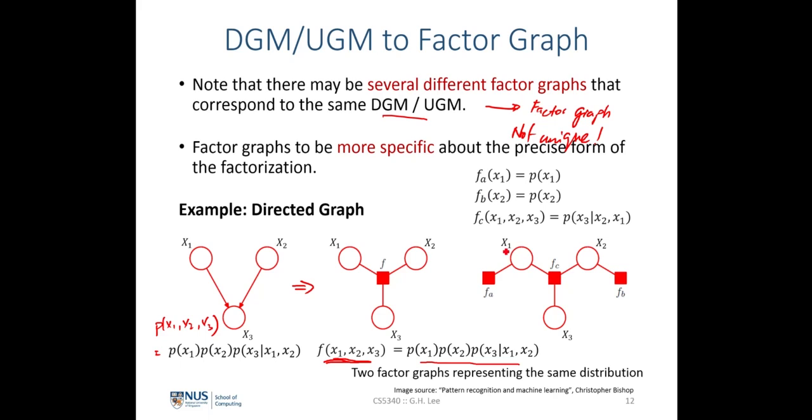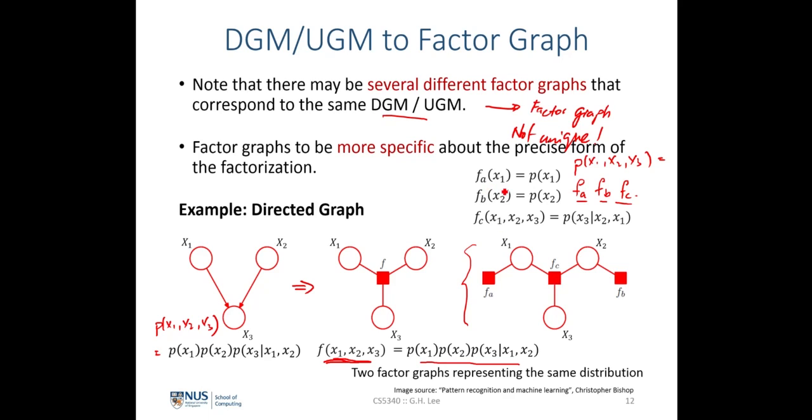Given this particular factor graph, there's only one way to write this factorization. The joint probability distribution of x1, x2, and x3 would be given by the product of FA multiplied by FB and FC. So in this case, the joint has to be explicitly factorized into this form as represented by this particular factor graph.